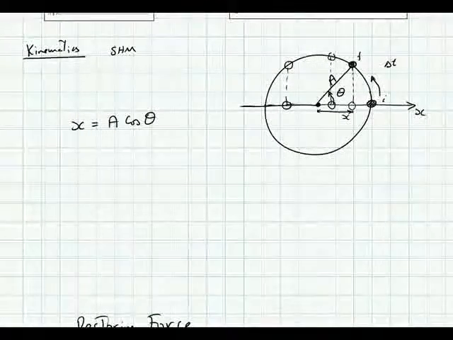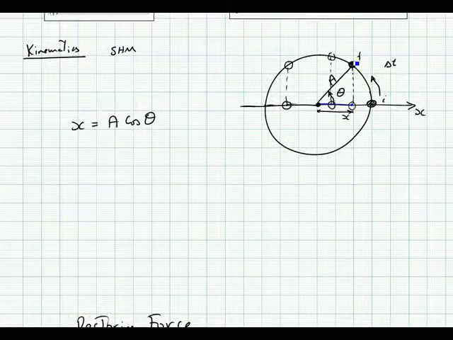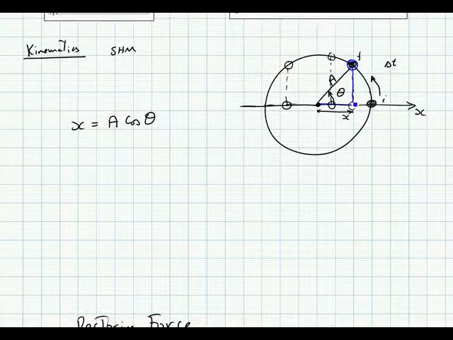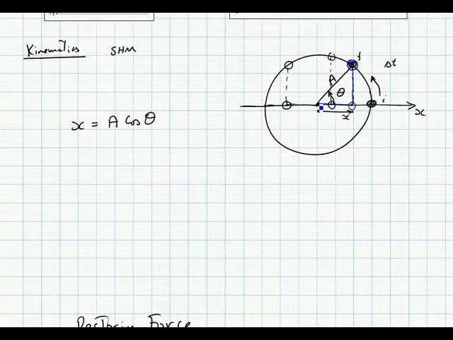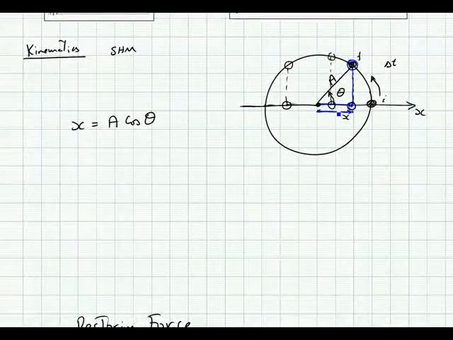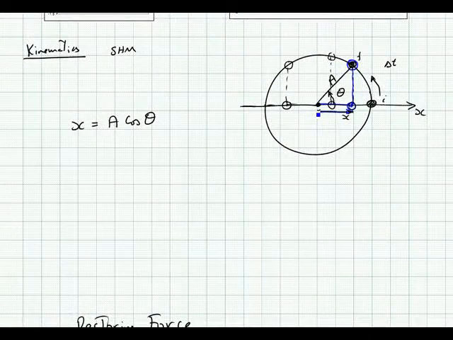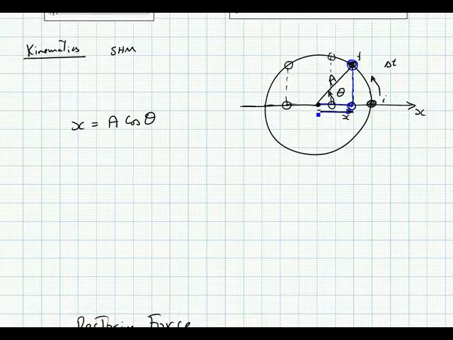So a cosine theta is of course this position right there. So if the object is in this position, then its projection along the diagonal line is here, and this distance here is of course x, which is given by a cosine theta.